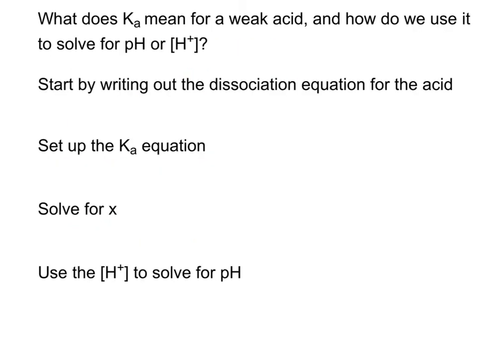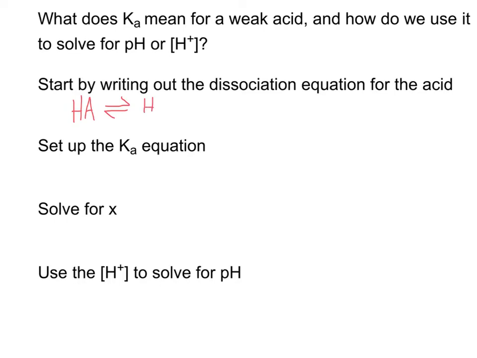All right, so the first question that we ask on this slide is, what does Ka mean? And as Mr. Ferguson said before, it's the equilibrium constant. It tells us how much of the product will be formed. How we use this is given to us in these next 4 steps. So we're going to use a generic weak acid, written out as we've seen before.